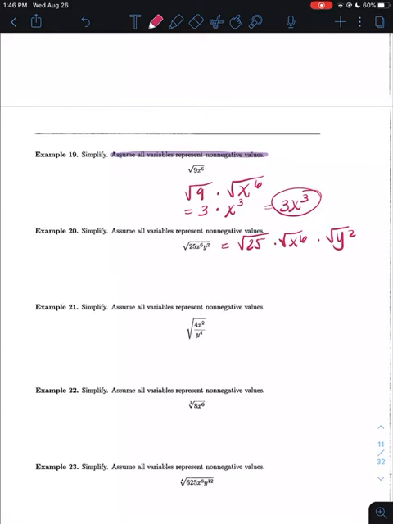I have to take the square root of all three. The square root of 25 is 5. The square root of x to the 6 is x to the third, because 6 divided by 2 is 3. And then y is squared, so when I take that 2 and divide it by 2, I get a 1. So my final answer is 5x to the third, y to the first power, or just y.